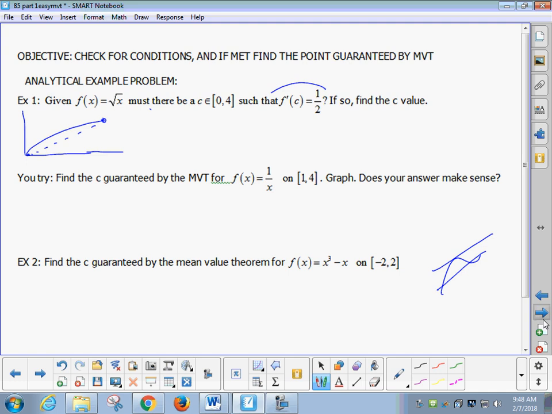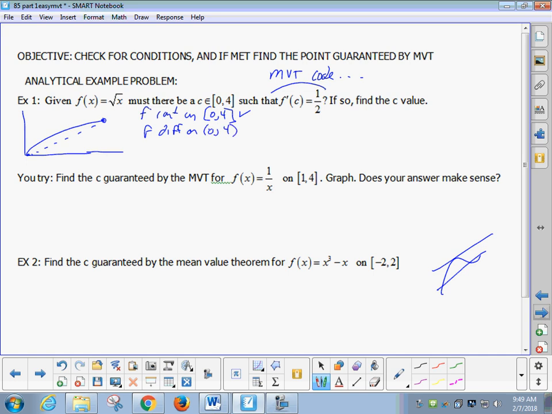You have to understand that this is asking an MBT code question. Okay? So you might start by saying something like, is f continuous on the closed interval 0 to 4? Is it? It is. Okay? Is f differentiable on the open interval 0 to 4?